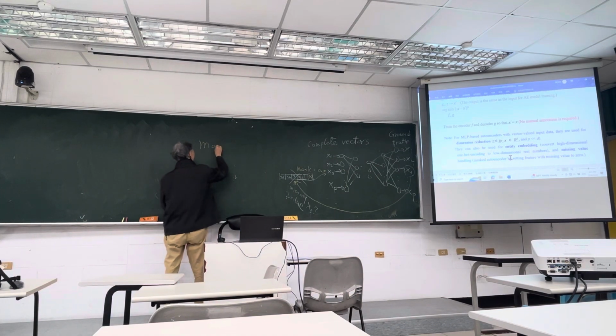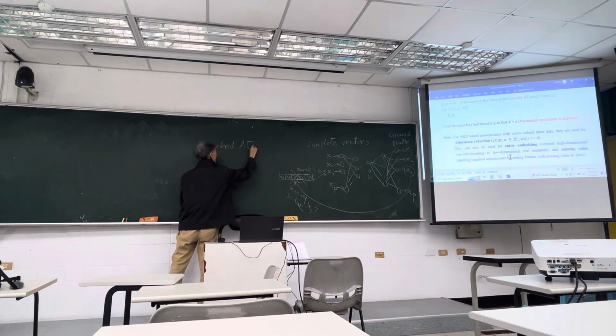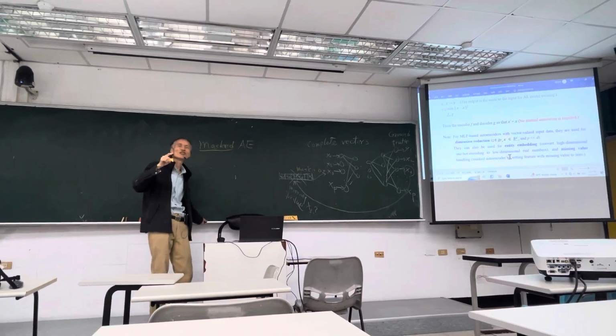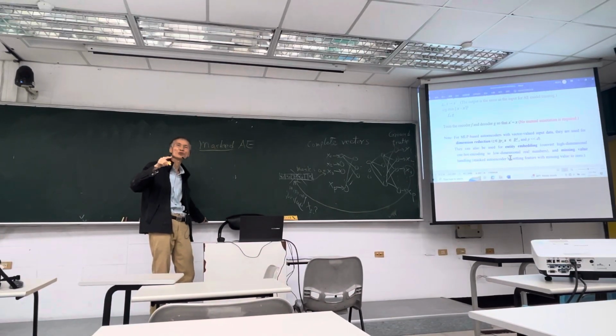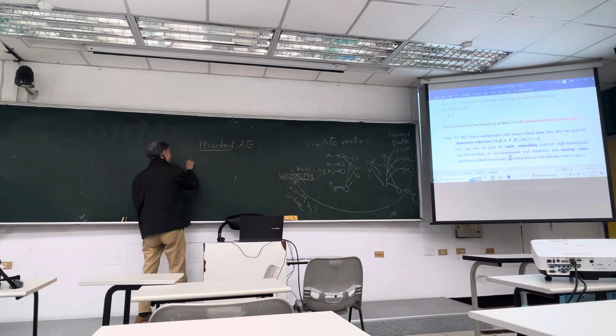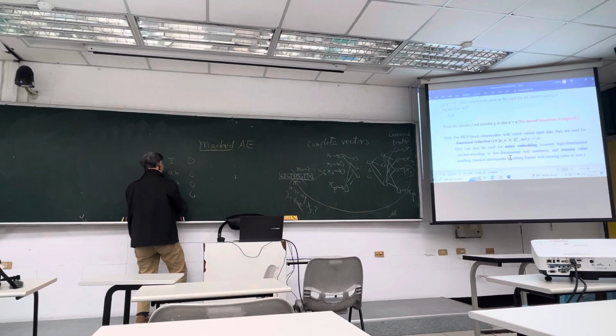Actually, you can call this a masked autoencoder. This is a partial technique used in ChatGPT. ChatGPT uses it this way, for part of it, not all. For example, say I am a student.